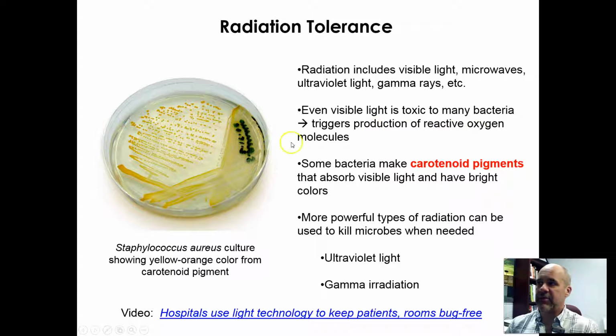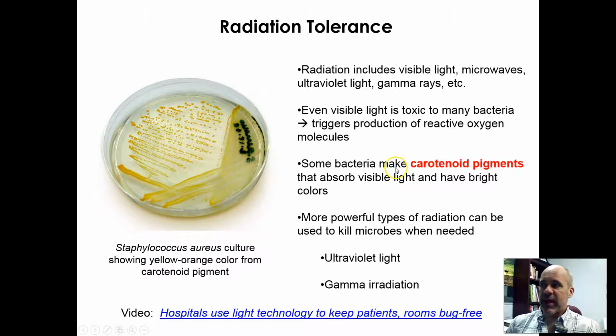Remember all those reactive oxygen molecules we talked about in the last video lecture? Visible light is one of the things that will trigger the formation of those. If you accumulate enough of them without inactivating them, getting rid of them, they can damage your DNA and your other important molecules, and you wind up dying.